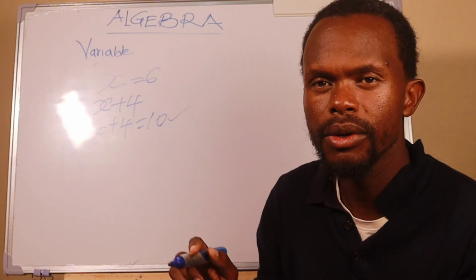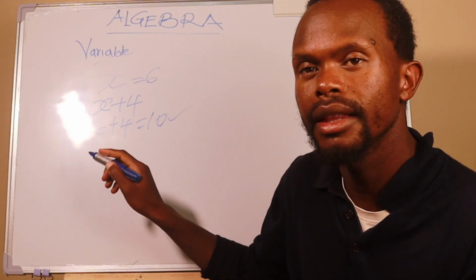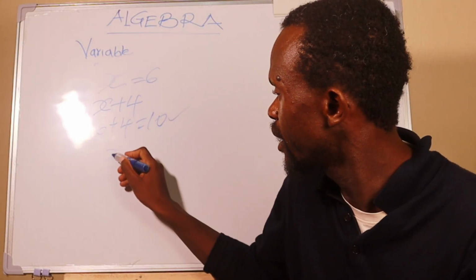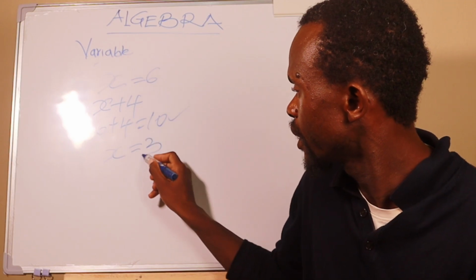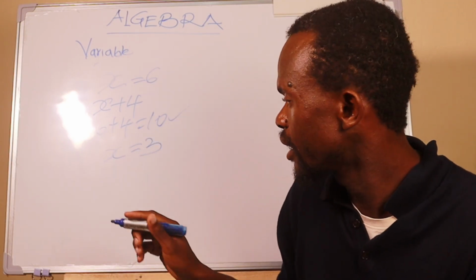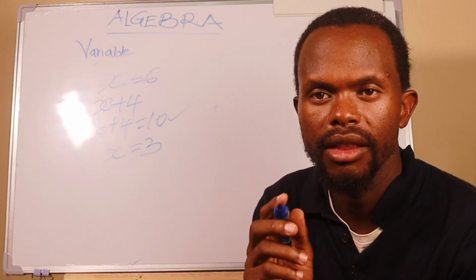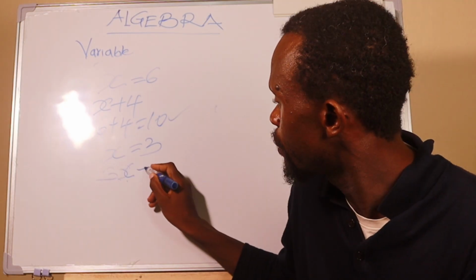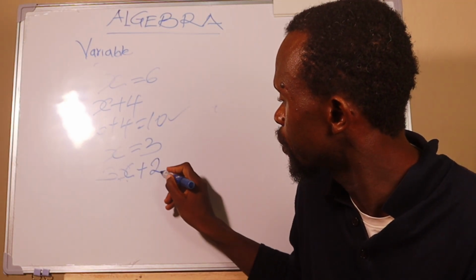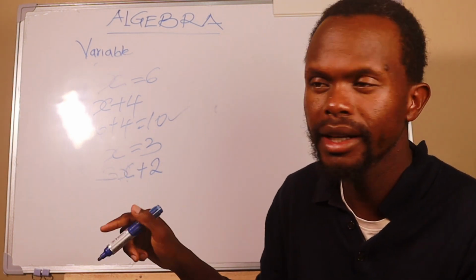Say for example, in the second instance, we've been given that the value of x is 3. Then we are told to find the value of 3x plus 2. Remember, the value of the variable x is 3.